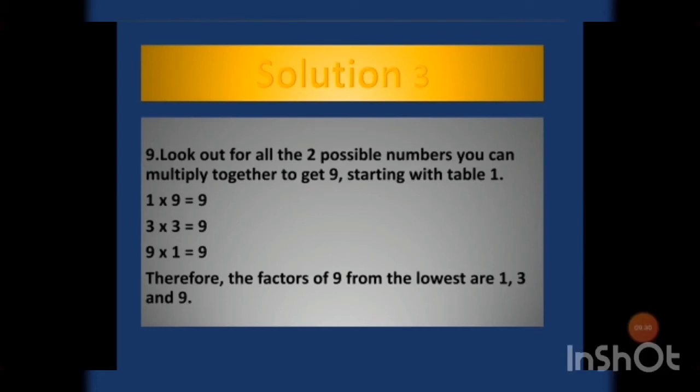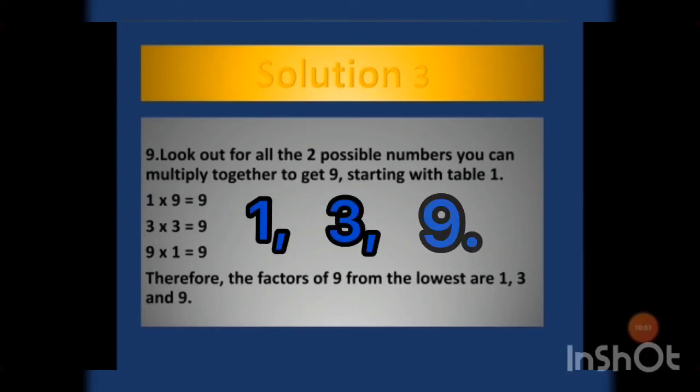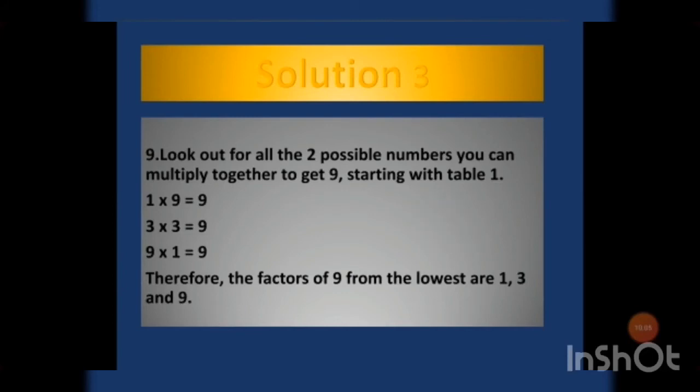If you multiply 3 times 3, what will it give you? 9. How about 9 times 1? What will it give you? 9. So what we are saying here is that the factors of the number 9, starting from the lowest, are 1, 3 and 9 itself, because these are the numbers you can multiply to get the number 9.